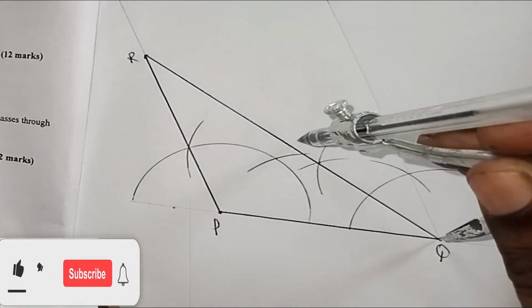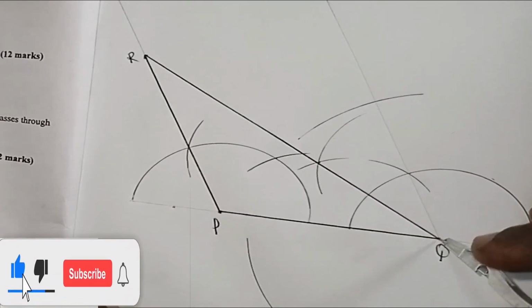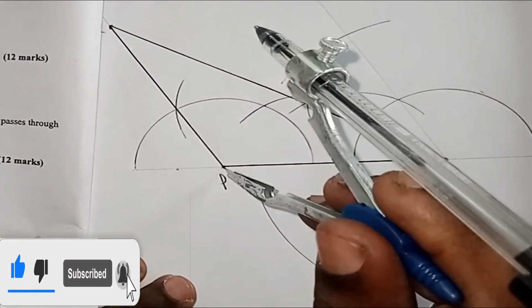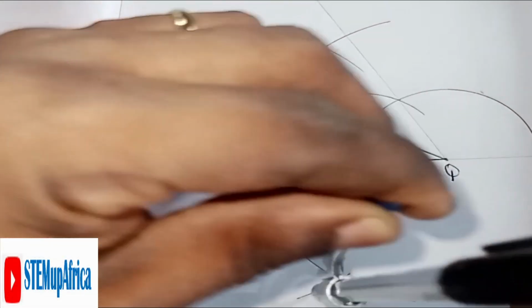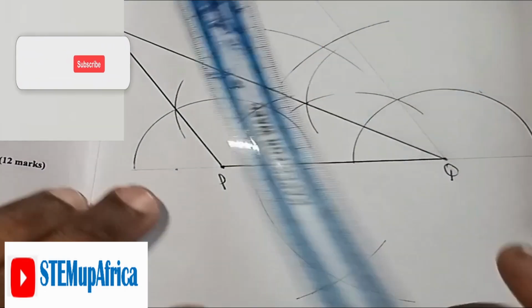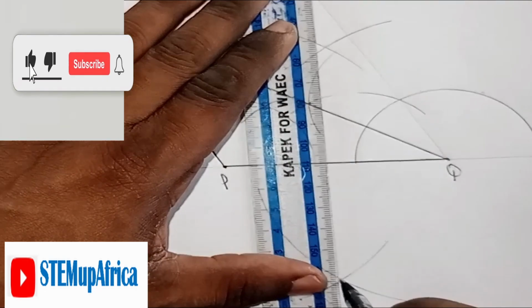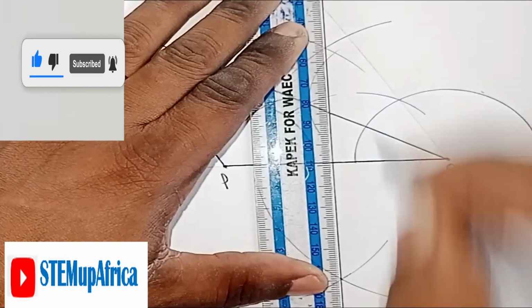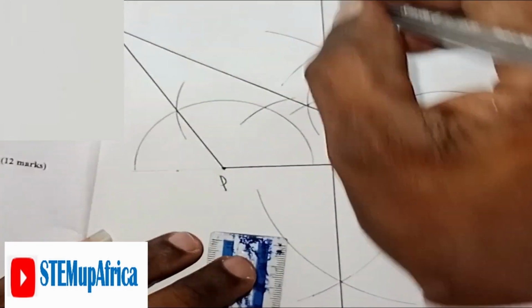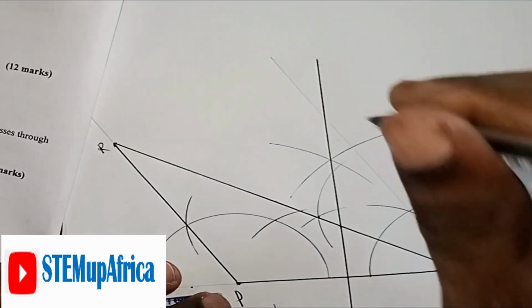So with this, I can now draw arcs here, draw an arc here. Then I'll put it at P, intercept the first arc, intercept the second arc. So I can now join the two intersections together to give me the locus. I'll call it L1.